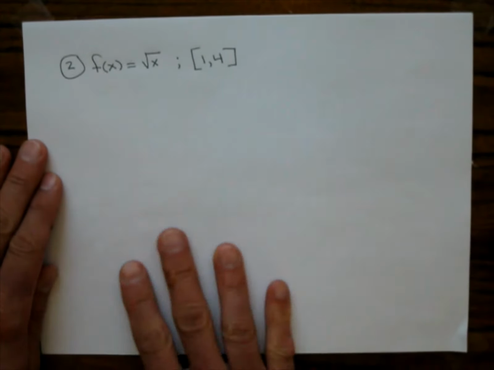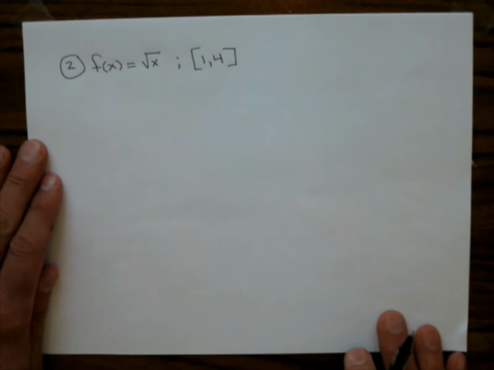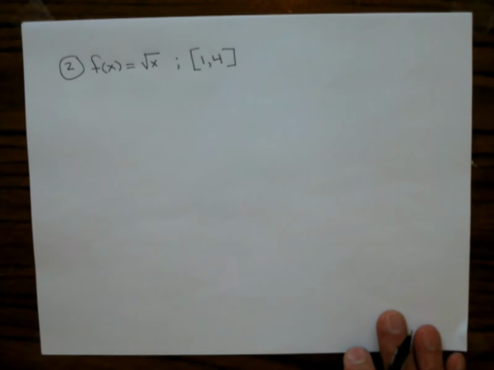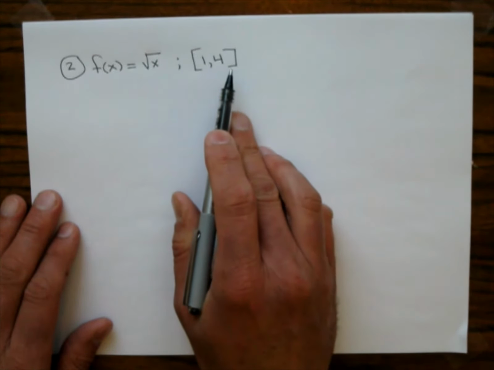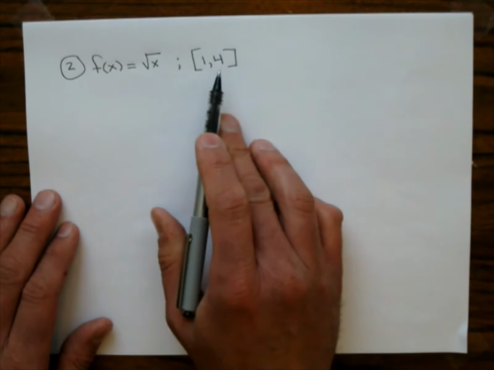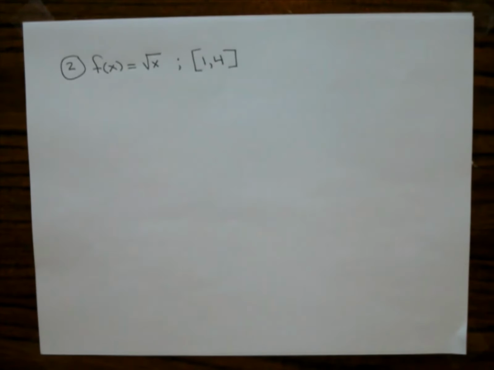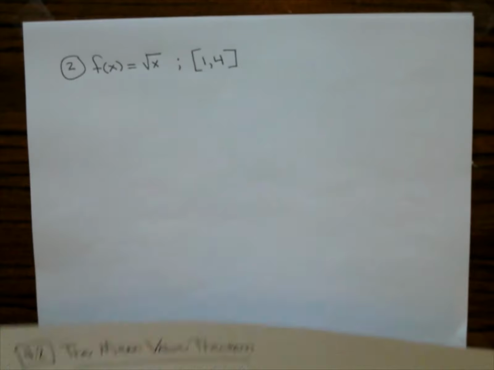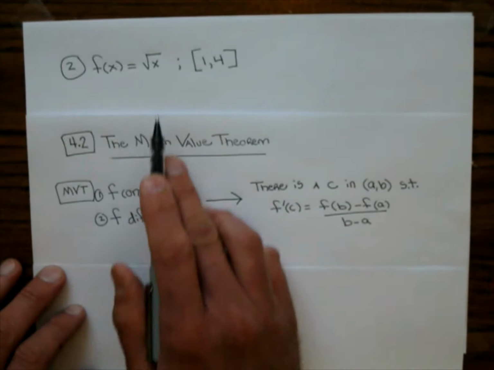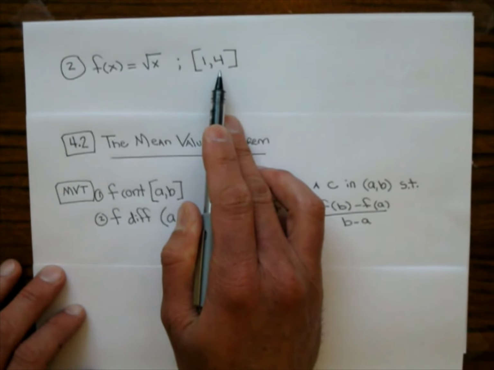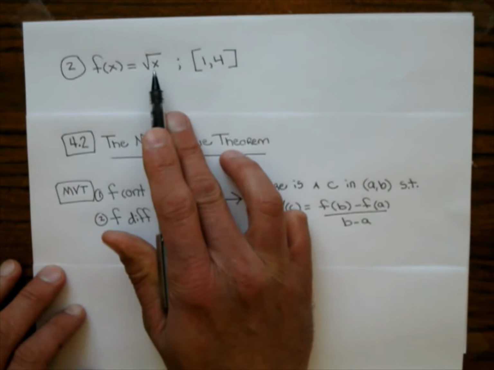So here's a problem. It says f of x equals the square root of x, and we're given a time interval from 1 to 4. So part A says for us to determine whether the mean value theorem applies, is f continuous from 1 to 4? And the answer is yes. This is the square root graph.